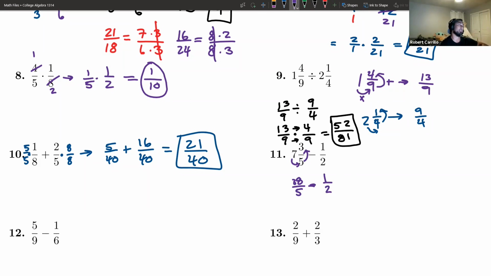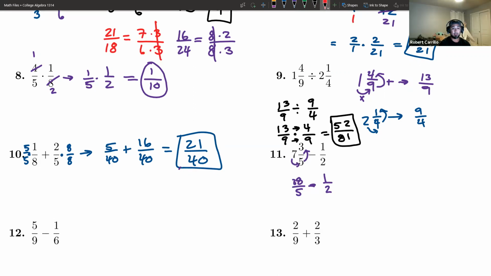Sorry, we don't want to convert, we want to combine these two fractions by subtraction. And just like addition, you need the same denominator. What is the least common denominator between 5 and 2? 10. Good.